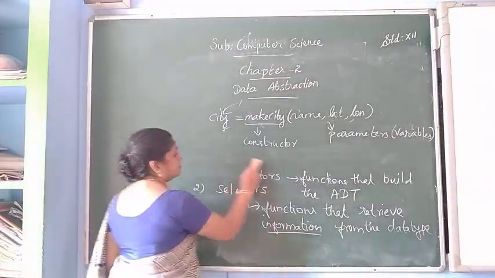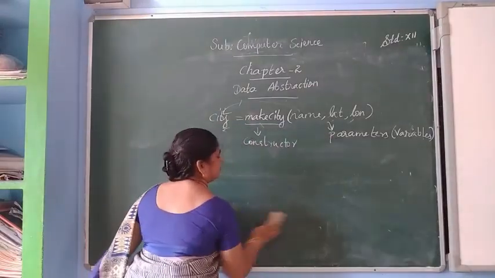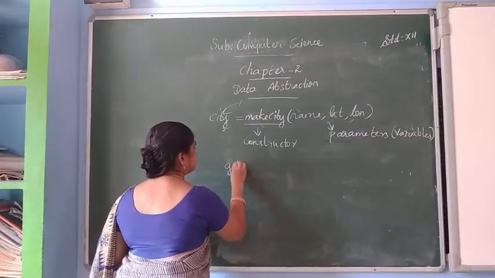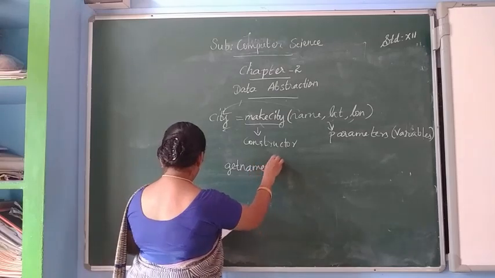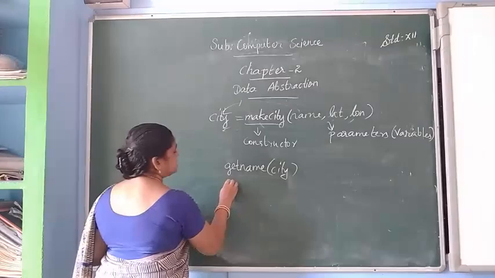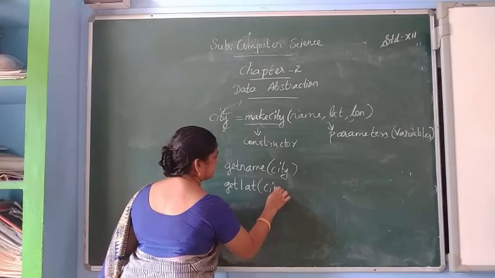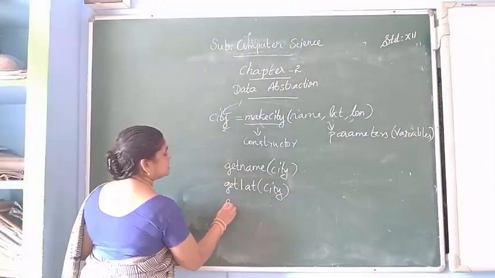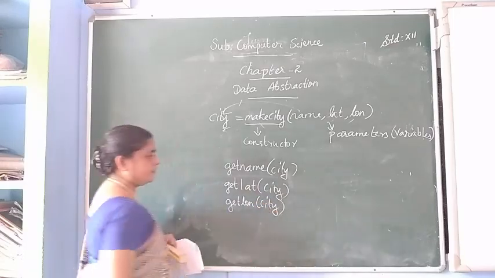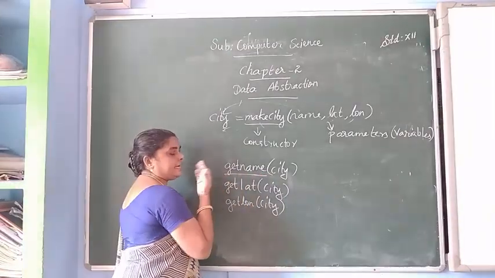Okay, the next example is for selector. See the example for selector. Get name of city. Next, get latitude of city. The next one, get longitude of city. Have you seen this word get?